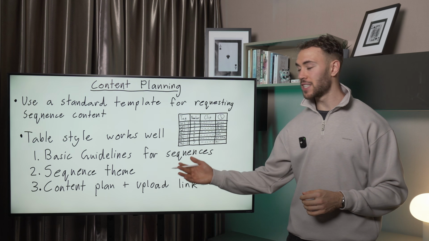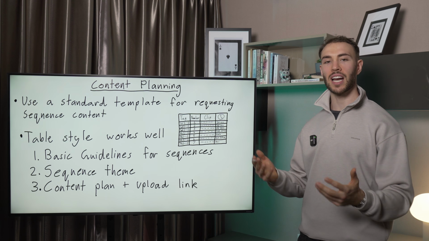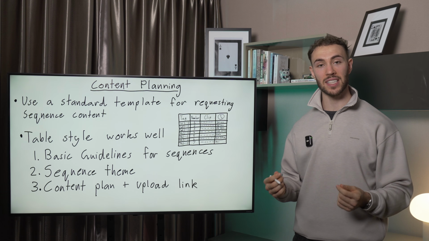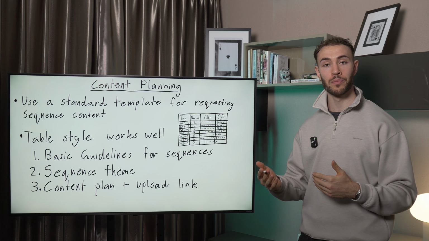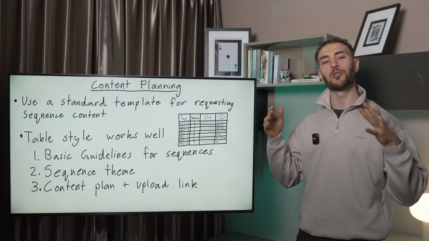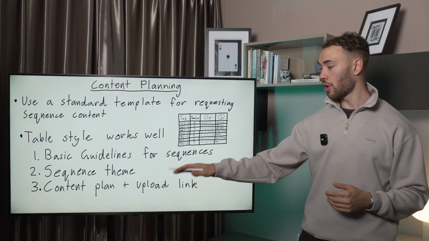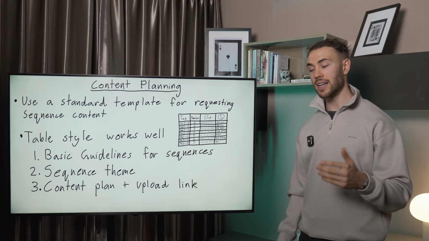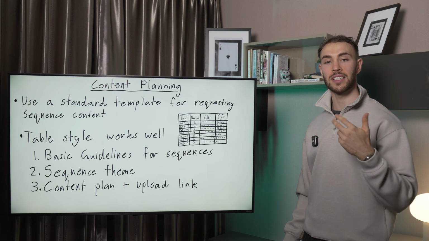Then having some kind of sequence theme or summary, just telling the creator what kind of outfit, the setting, why we're requesting this sequence, so what it's going to be used for. Of course, that can help them to create it in the most authentic way. Then all you need is the content plan itself, directing them on how to create each piece of content, and a Google Drive folder link if that's how they submit the content.